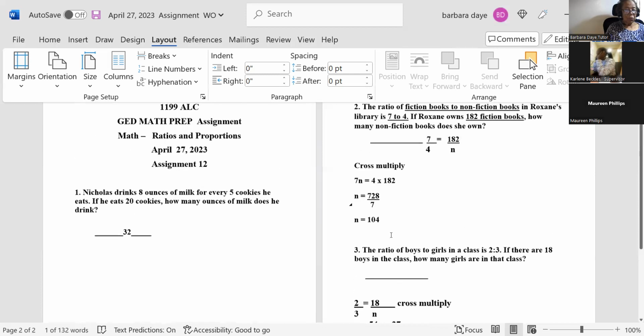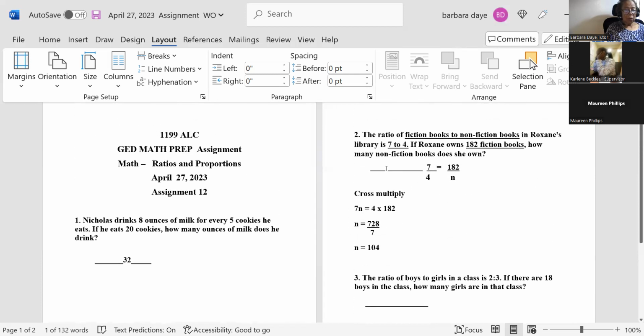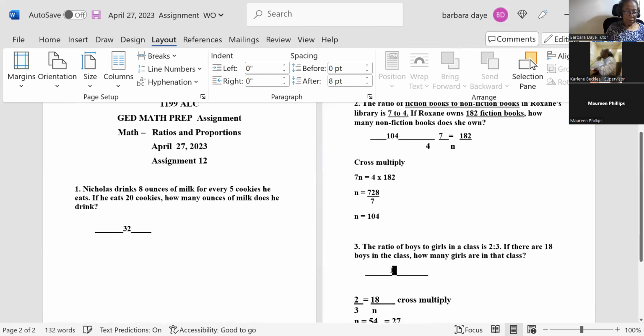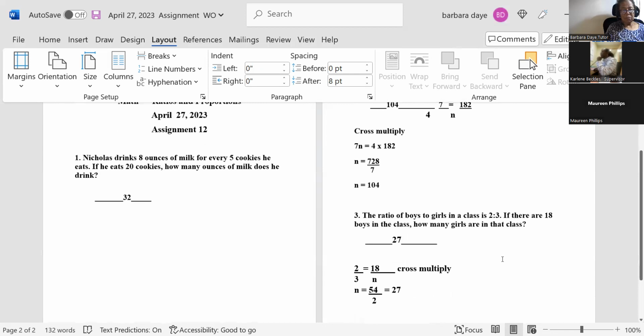So we got 32, 104, and 27. Put it in the blank. I think she put girls over boys and then put the numbers in wrong. But she said she saw where she made a mistake.